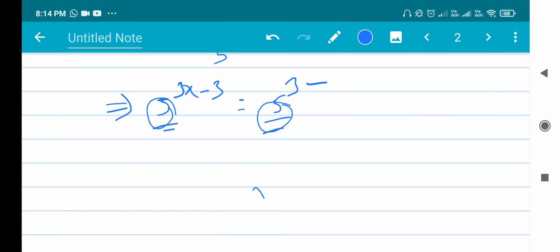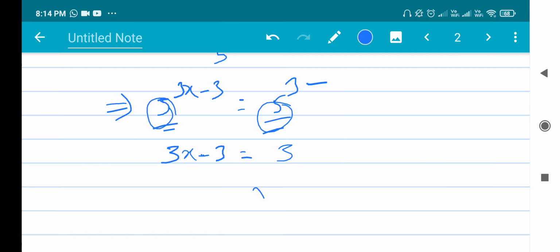So by equating the powers on both sides, 3x minus 3 is equal to 3.